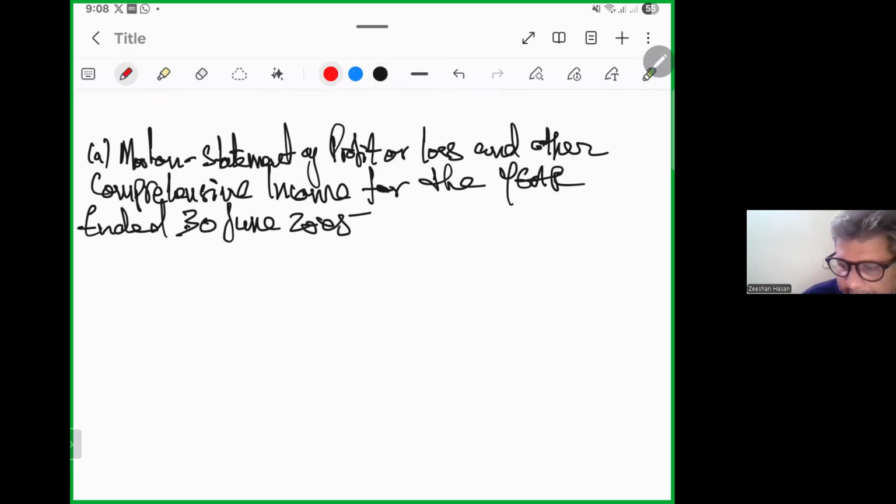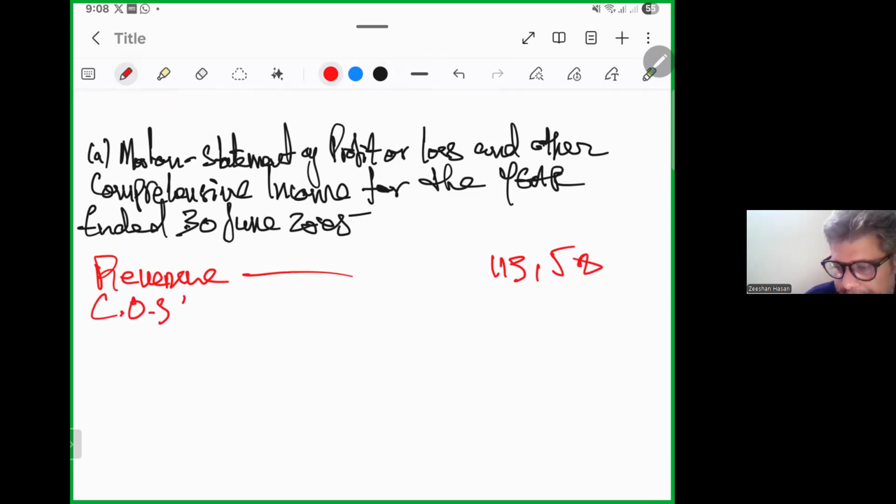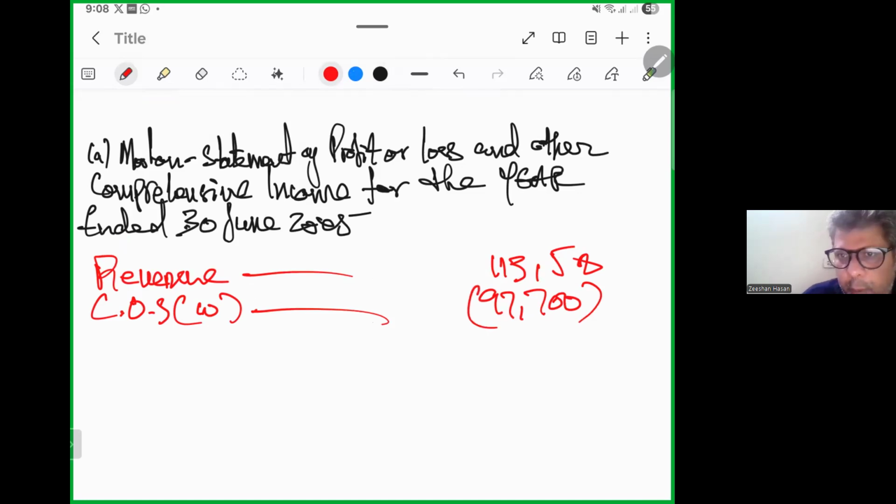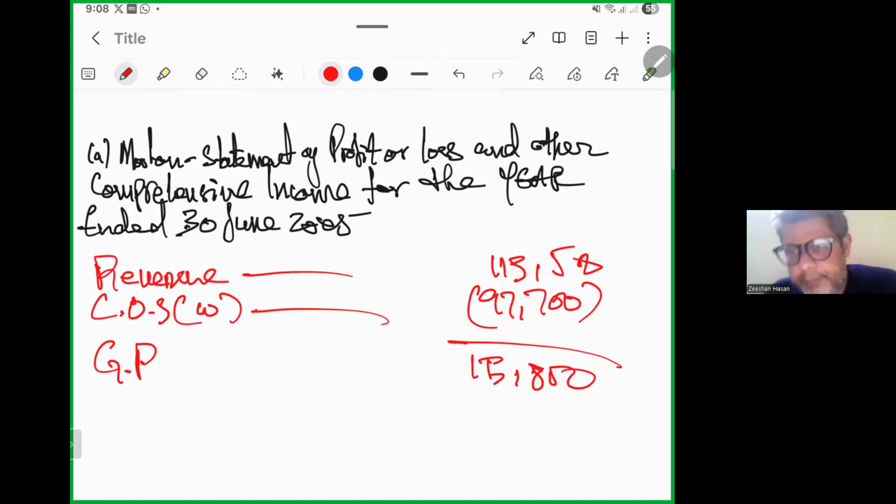So revenue as per the trial balance is 113,500. Cost of sales is the working, 97,700. We already did the working on it. Right, now we will get our gross profit. Okay, that is 15,800.